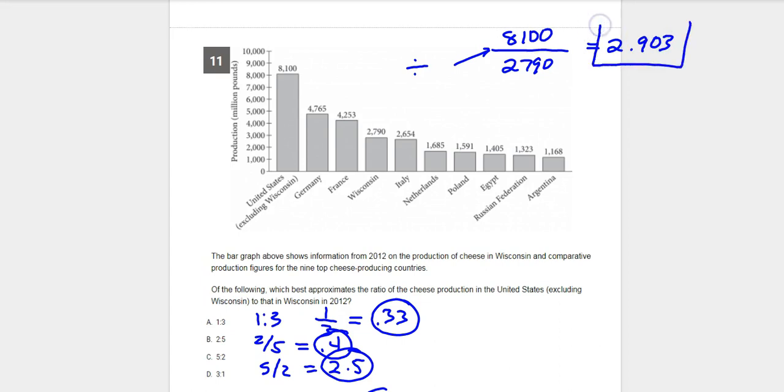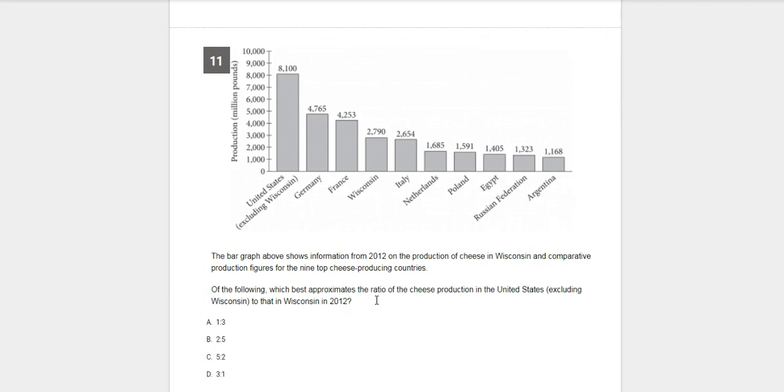And then you have to ask yourself, which number is that closest to? So coming down here and comparing, definitely no, definitely no. 2.5 kind of close, but much closer to 3. So that's another way to pick which ratio it is. Just divide them out. Put the first number on top and the second number on bottom, and divide it and get decimals. It's another way to look at ratios.